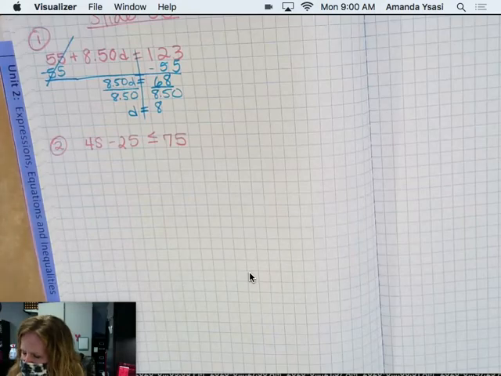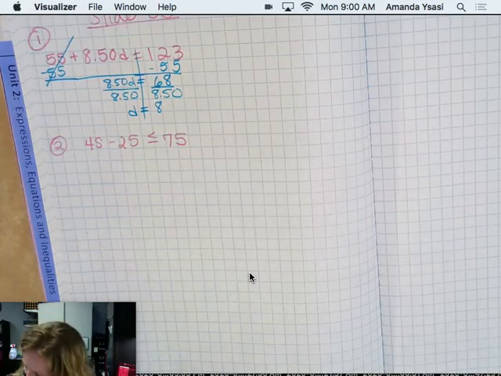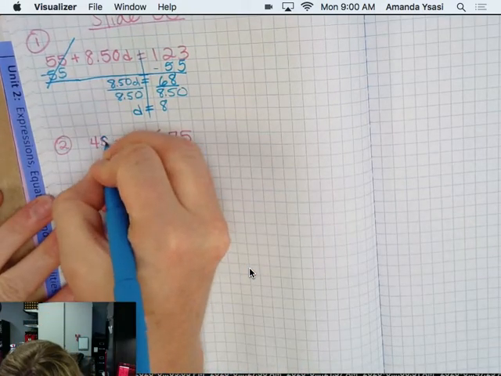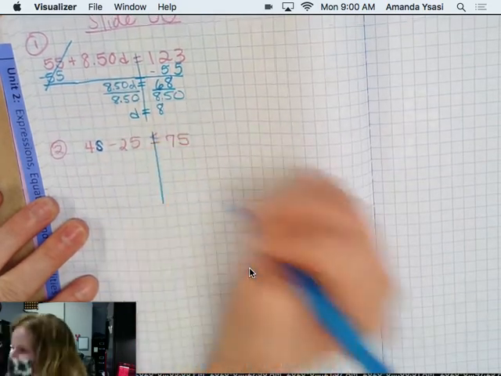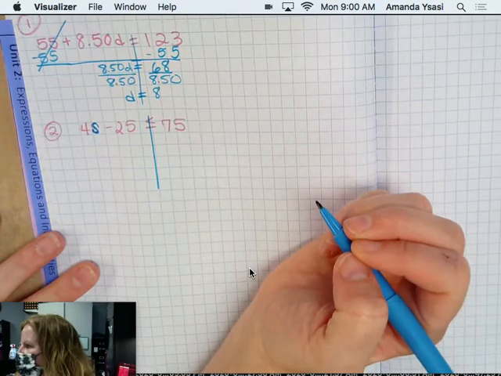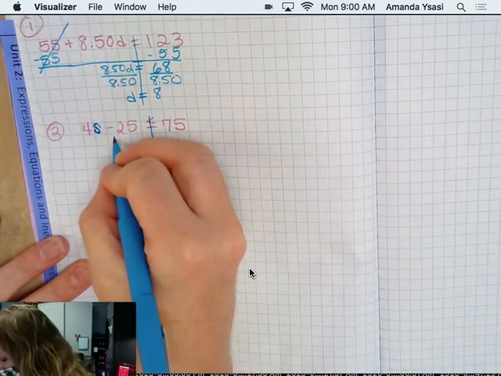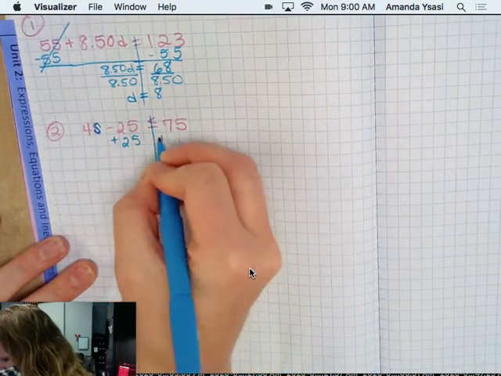All right, so let's write the equation down and solve. Remember, this is an S, not a 5. So then we're going to add 25 to both sides.